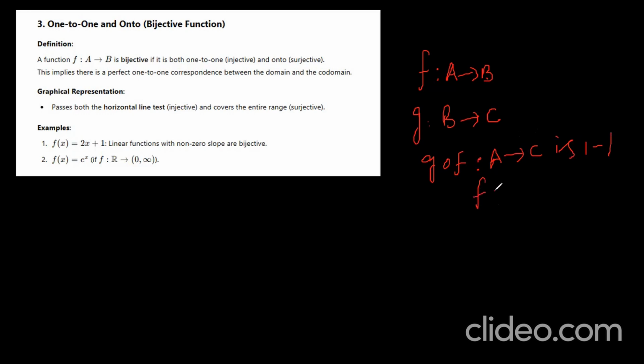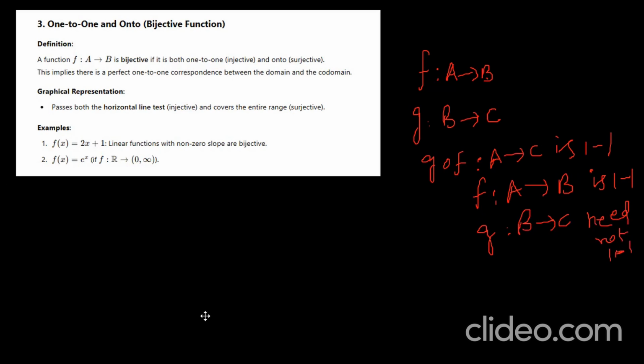Then F maps A into B is 1 to 1, and G maps B into C need not be 1 to 1.